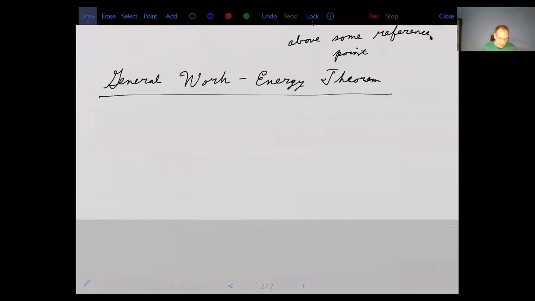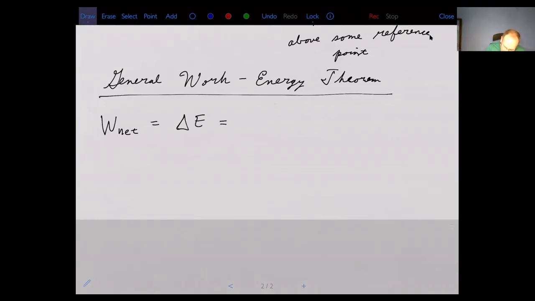What this says is that the net work done on some particular system is equal to the change in energy of that system.